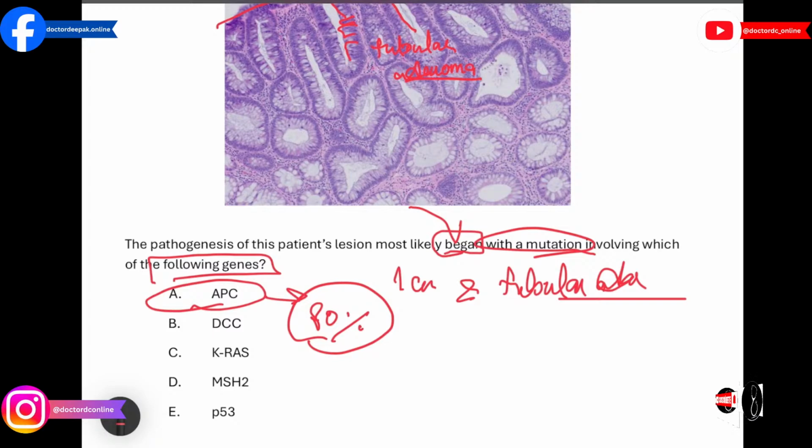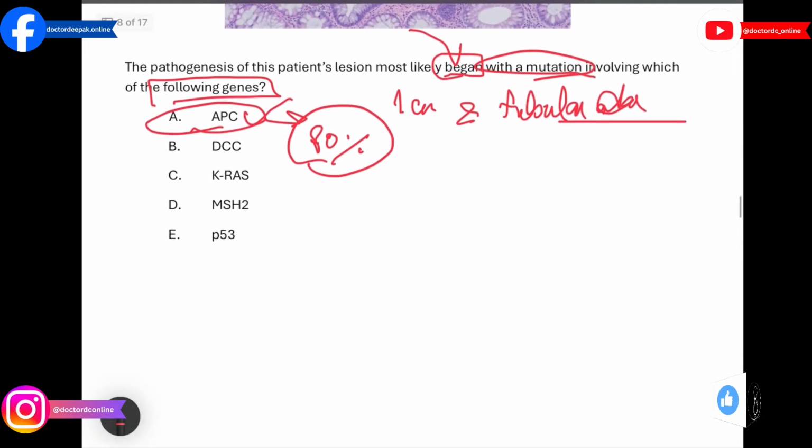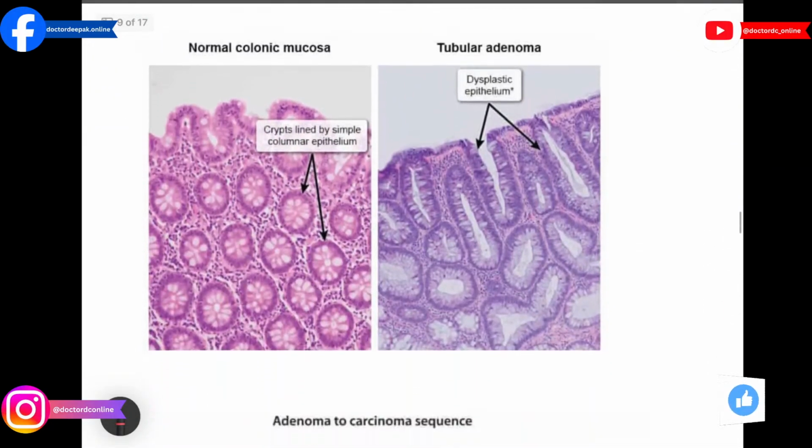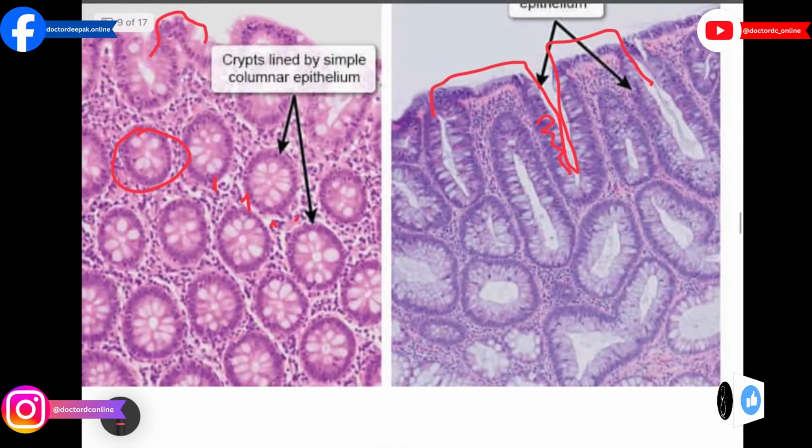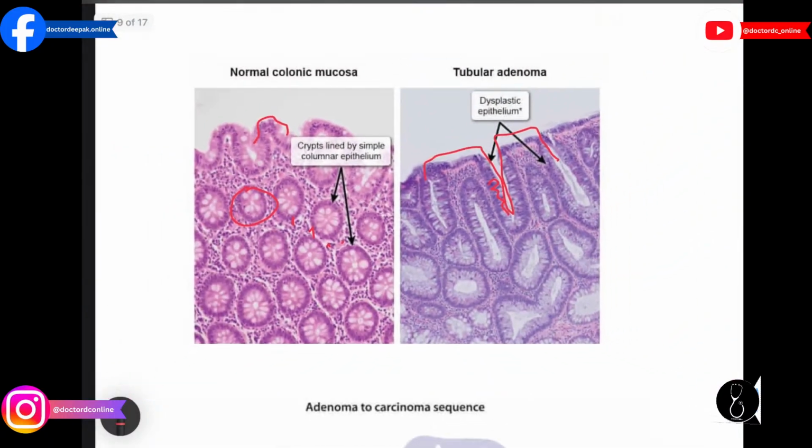Colorectal cancer mostly starts with an APC mutation. Later, from adenoma to carcinoma, the other genes are responsible, like KRAS. Guys, check the image with the multiple crowded epithelium and dysplastic epithelium of tubular adenoma. Okay, if you take a close look, you can check.